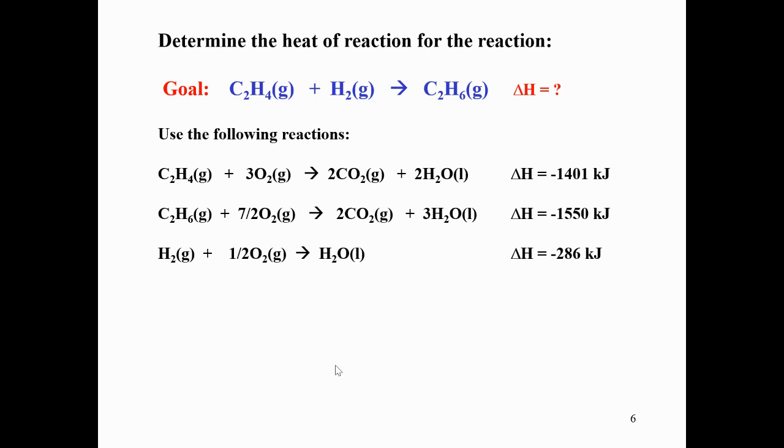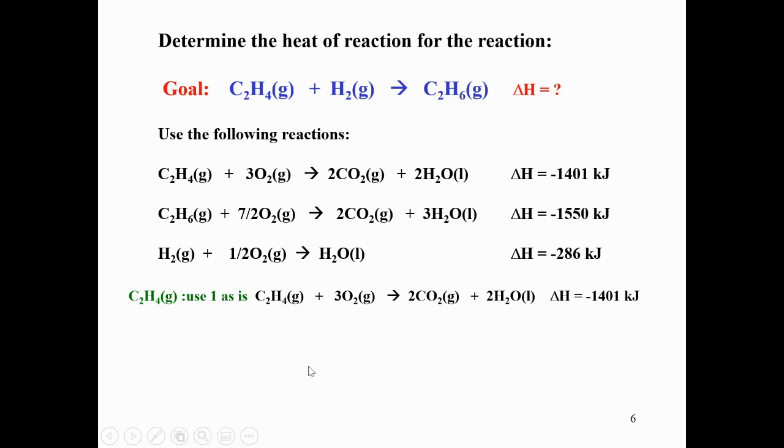Do I have to multiply it by anything? Nope, so I can keep that the same. Okay? Go to H2. Where do I see H2? I only see H2 in the third equation, right? So I can keep that one as is also. And I keep my delta H the same.